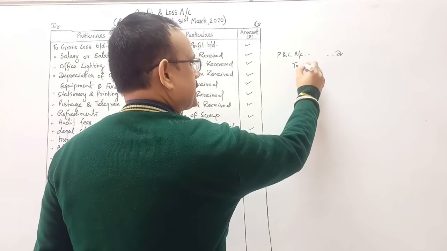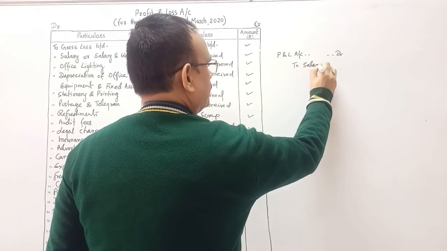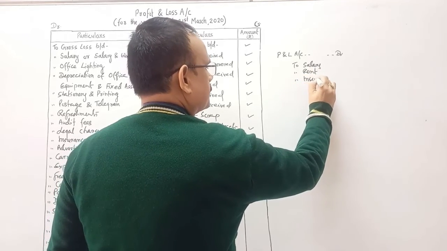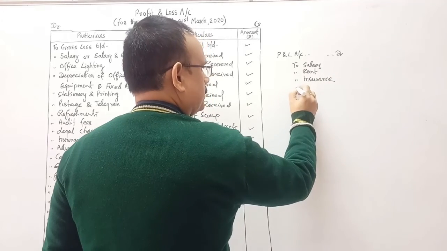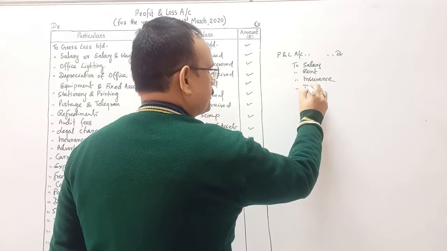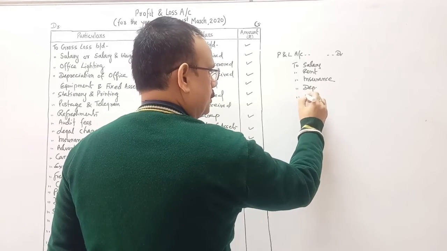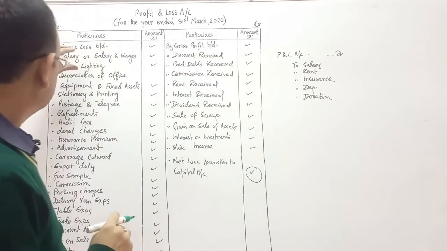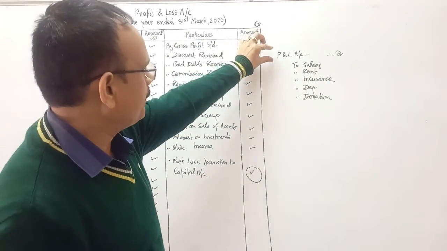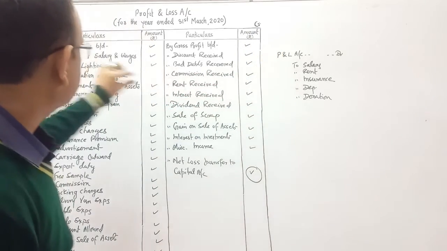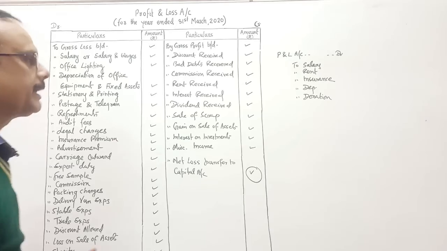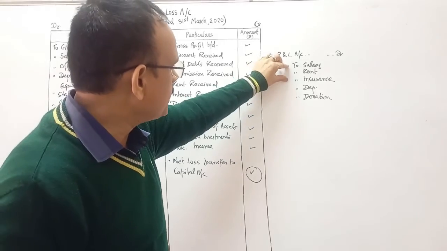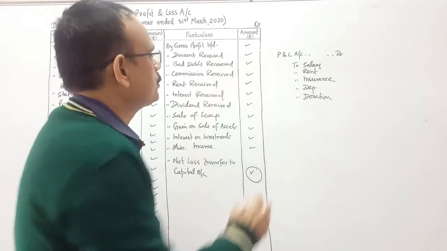All indirect expenses like salary, rent, insurance, depreciation, donations, the ledgers of these will be closed. You write profit and loss debit and credit all the expenses, right from salary to telephone expenses.